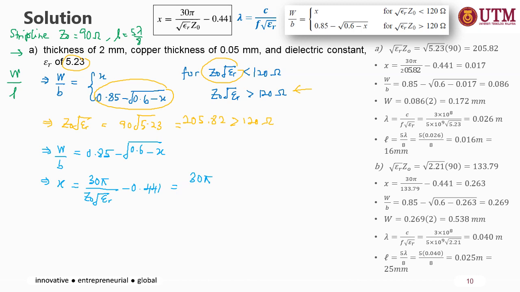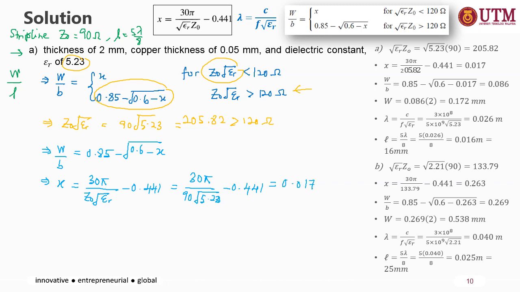So 30 pi divided by Z0 is 90, epsilon r is 5.23 in this case, minus 0.441. Your x should be equal to 0.017.